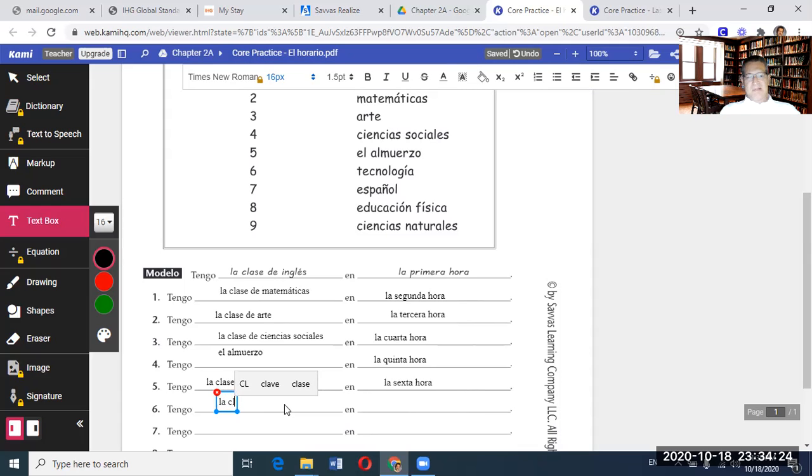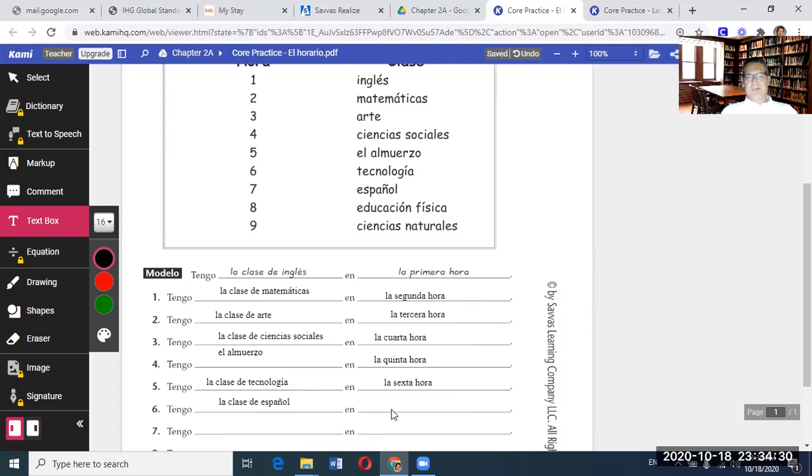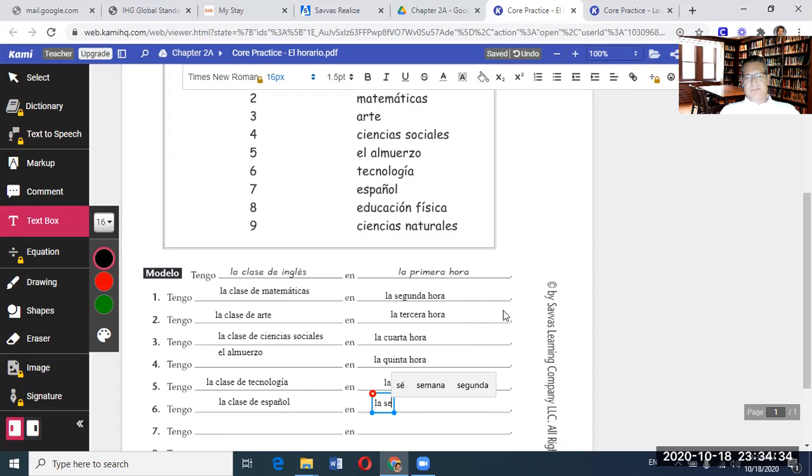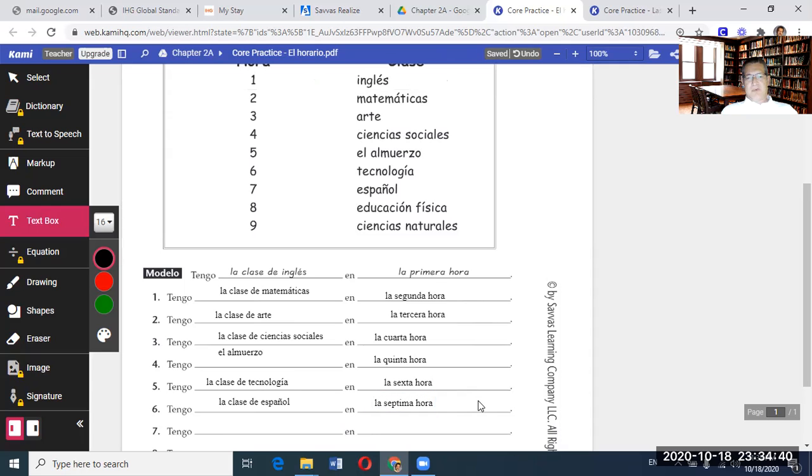Tengo la clase de español. I have the Spanish class in seventh period. En la séptima hora.